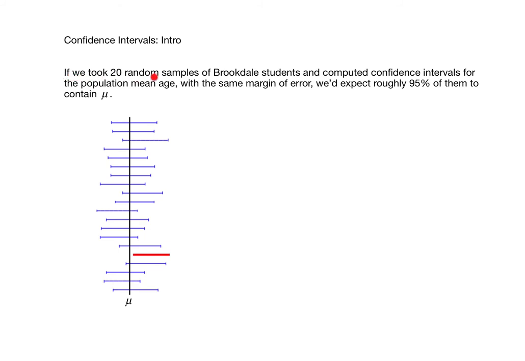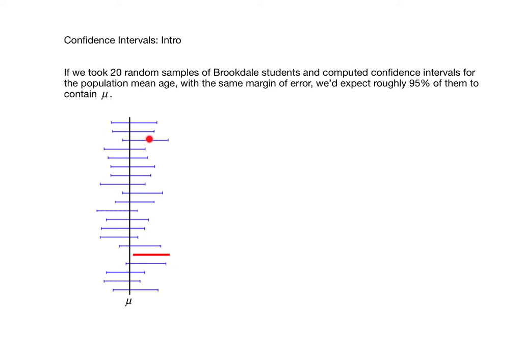Let's suppose we took 20 random samples of Brookdale students and computed confidence intervals for the population mean age. With the same margin of error, we'd expect roughly 95% of them to contain mu. So mu is right here. Mu is a parameter that we don't know. So we're computing confidence intervals, and we're doing it 20 times, so with 20 different random samples. In blue here, this is one of our confidence intervals.